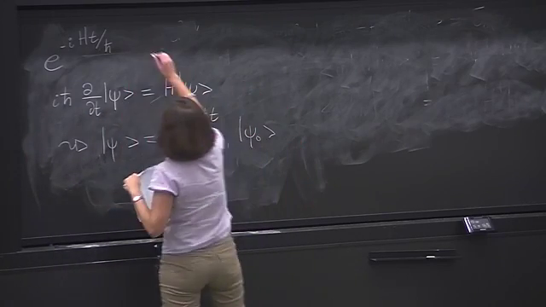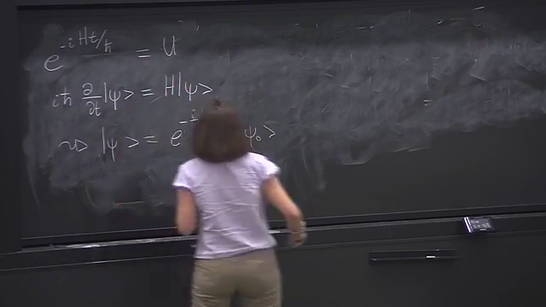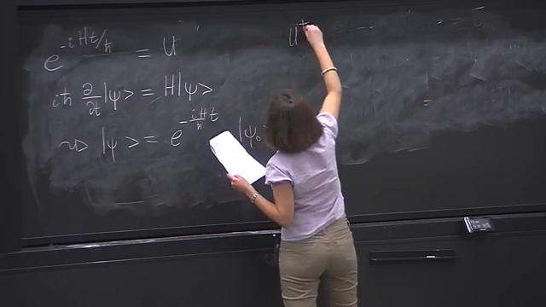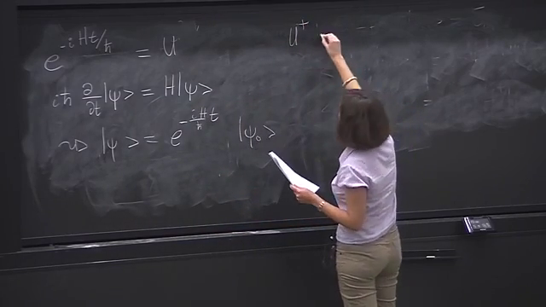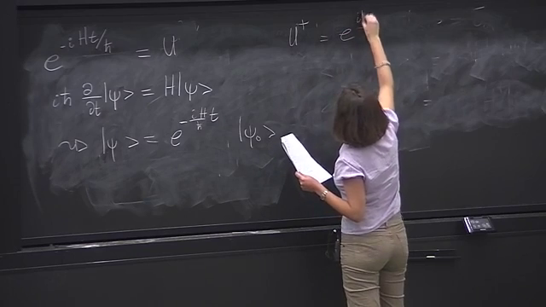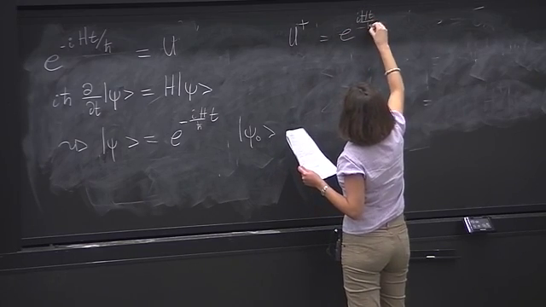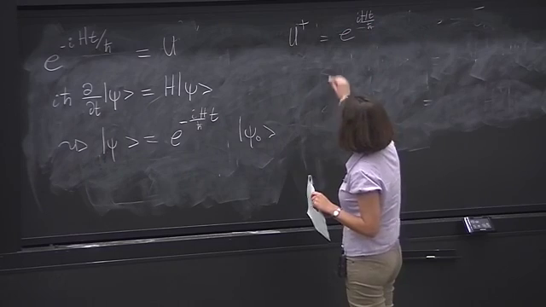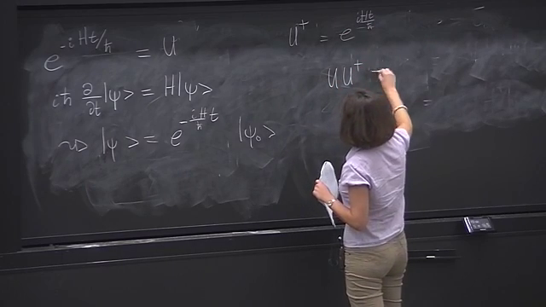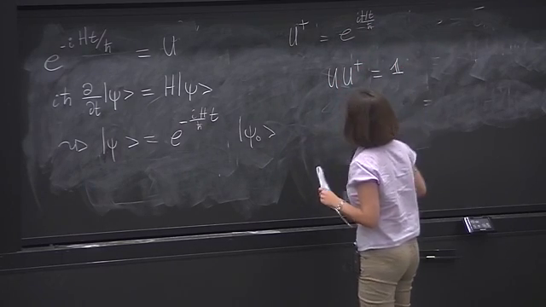This is a unitary operator. You can check that its adjoint is given by e to the plus i H t over h bar, and that u dagger u is equal to 1.